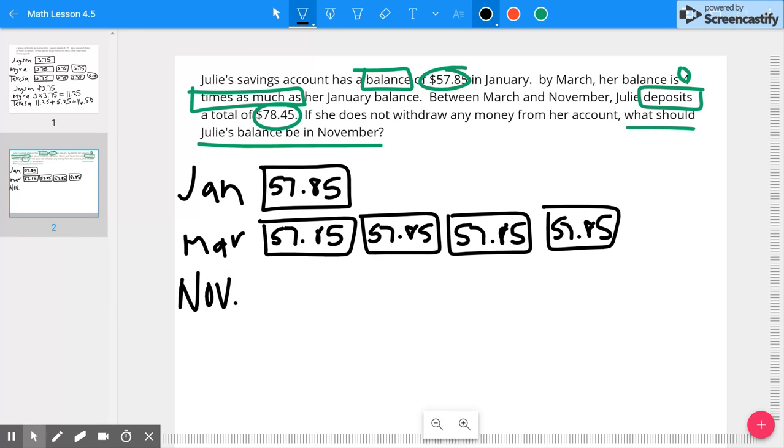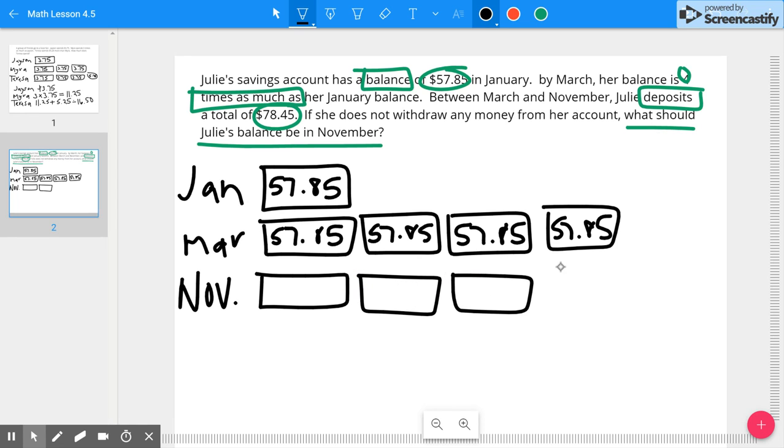And I'm going to use the same 4 boxes because she's not withdrawing anything. She's not taking anything out. So those are all still going to be $57.85 because they stay the same, since she didn't take any of that out.